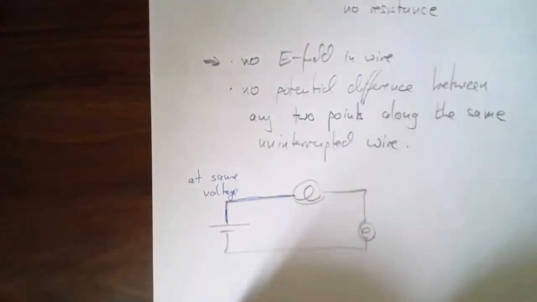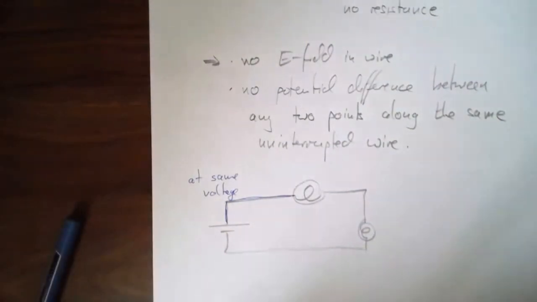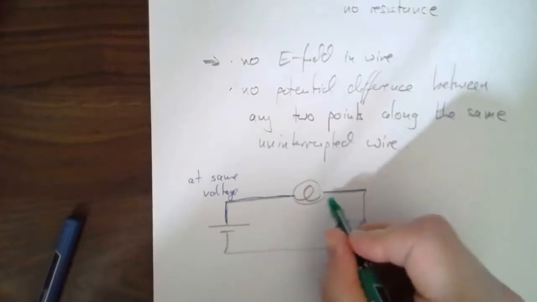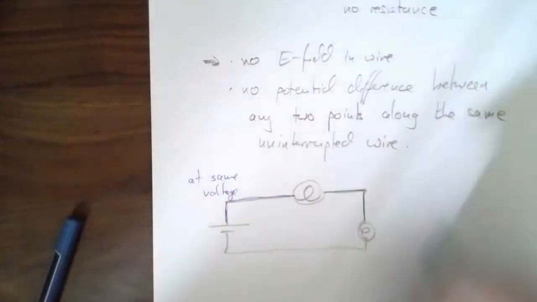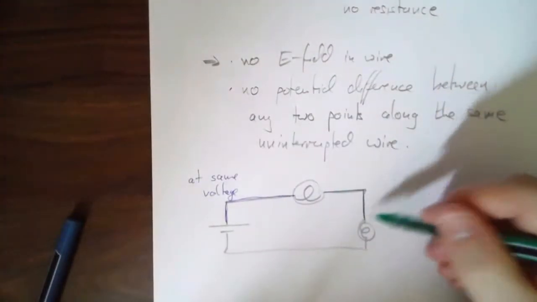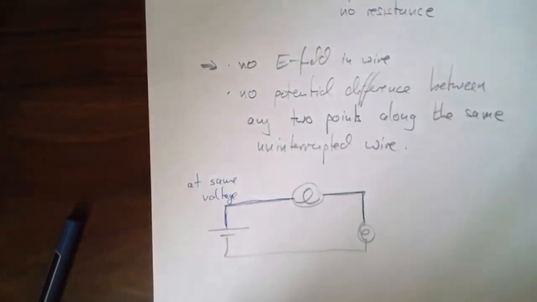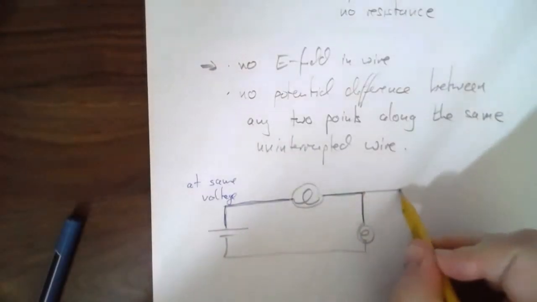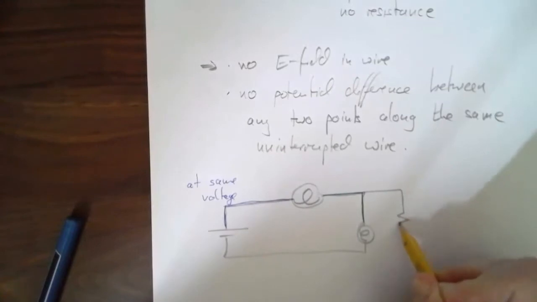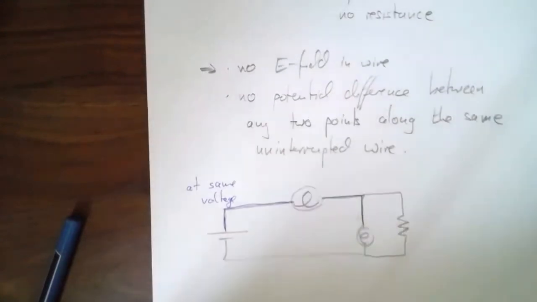Let me indicate in a different color. If the color coding can be helpful, you've got a confusing looking circuit, right? All of this segment here is at the same voltage. Let me actually expand my circuit a bit. Let's imagine I've got a junction there, maybe a resistor here. Well, what is this telling me?